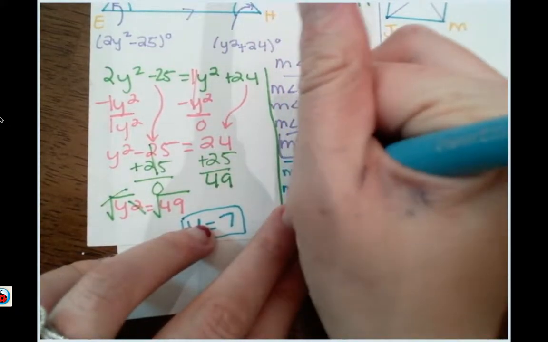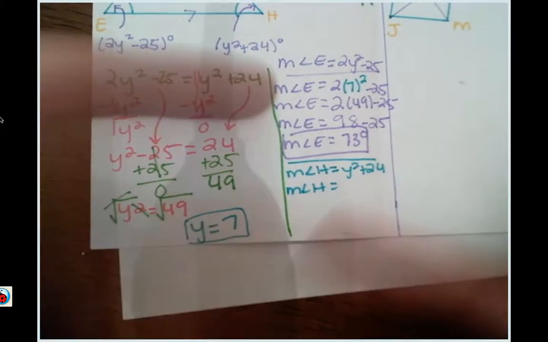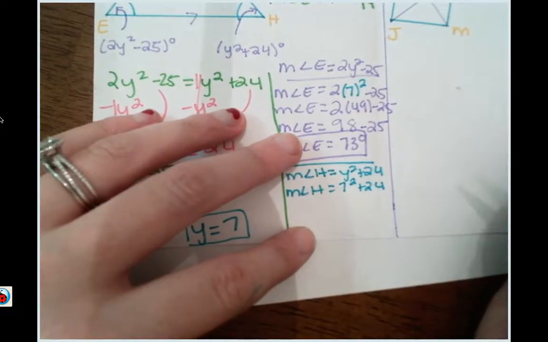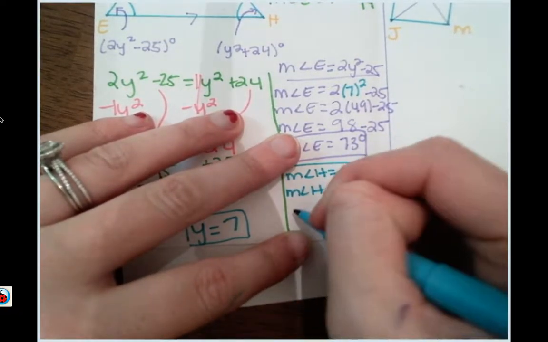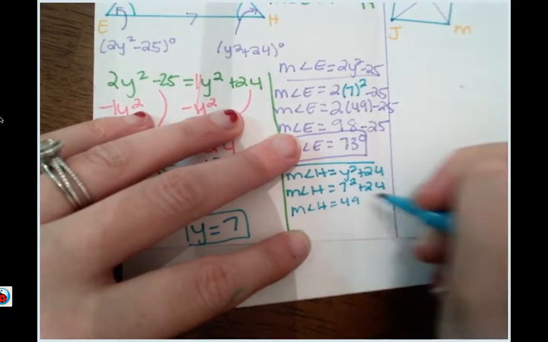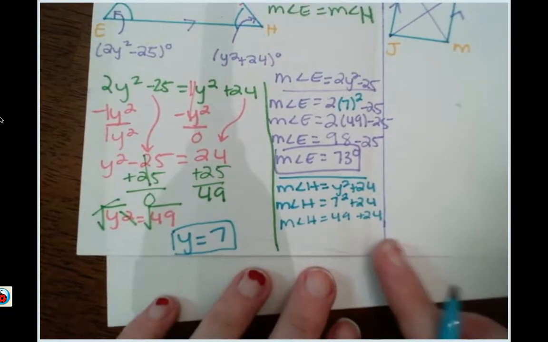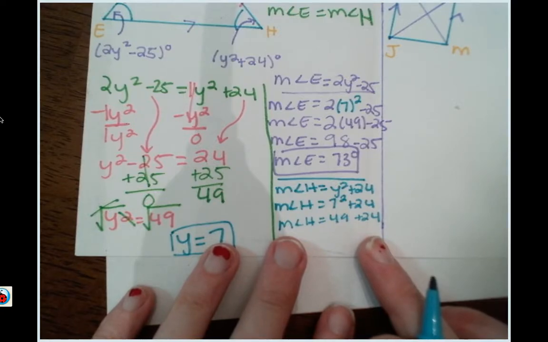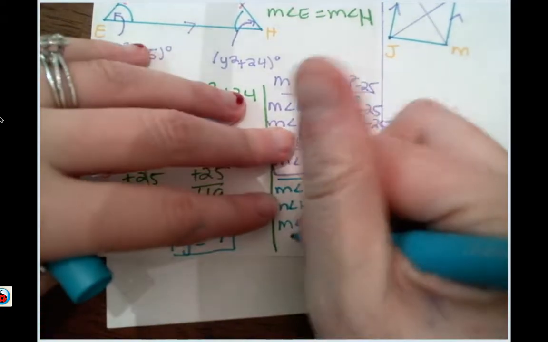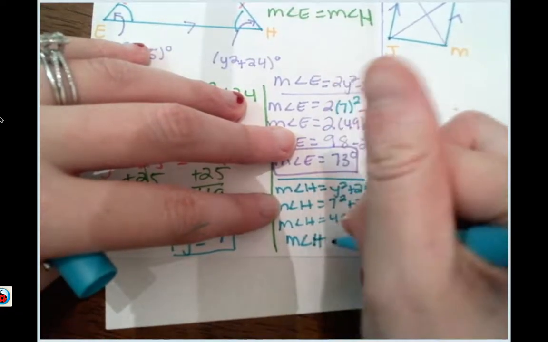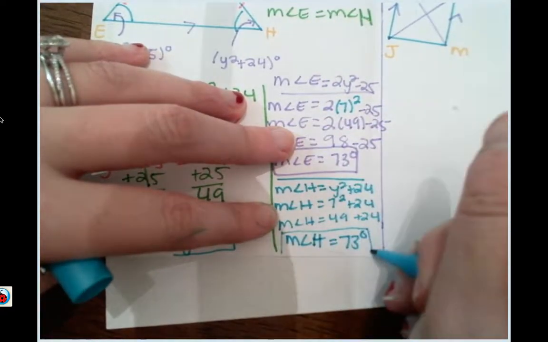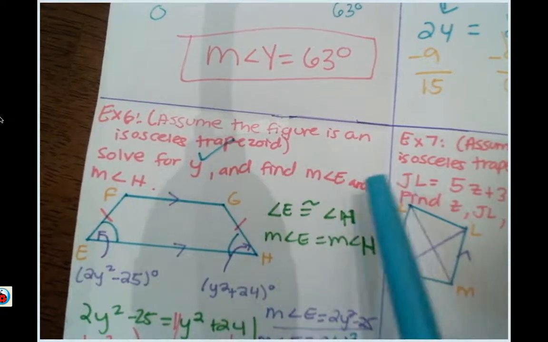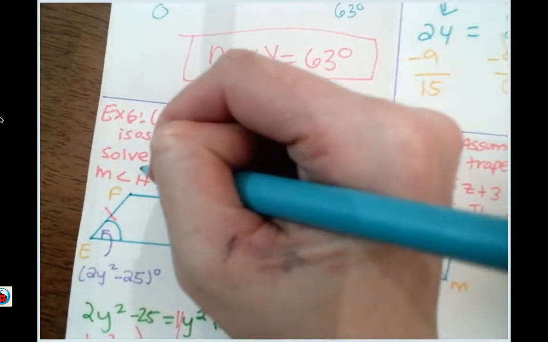My y transforms into the 7, so 7 squared plus 24. 7 times 7 is 49, and 49 plus 24: 49 plus 20 is 69, plus 4 gives me 73. So the measure of angle H also equals 73, which I'm super excited about because we got the same answer, which means we did it correctly. We have found y, the measure of angle E, and the measure of angle H.